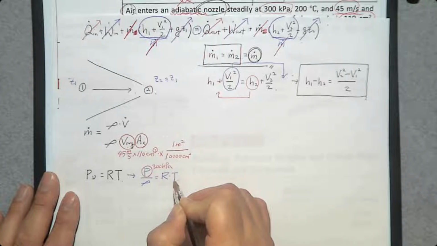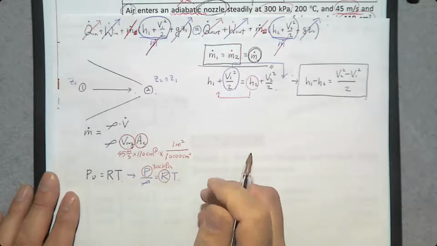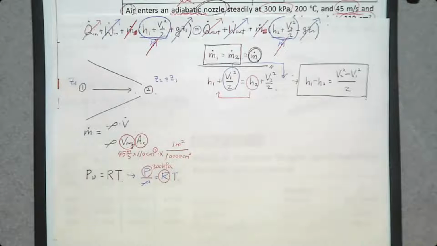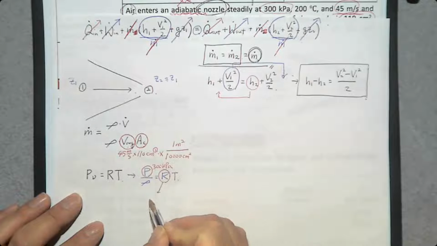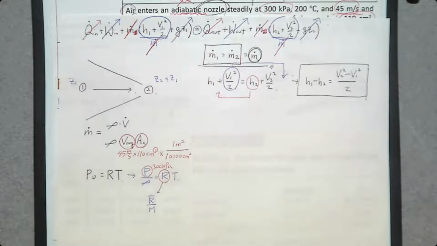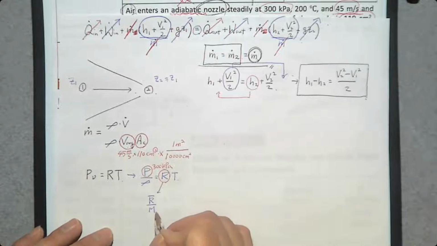And temperature. The gas constant R can be determined by the universal gas constant R bar divided by the molecular weight of this gas. By the way, this is air, so the molecular weight of air.